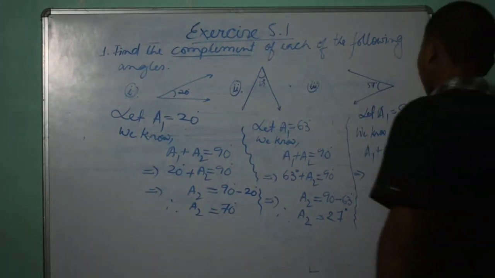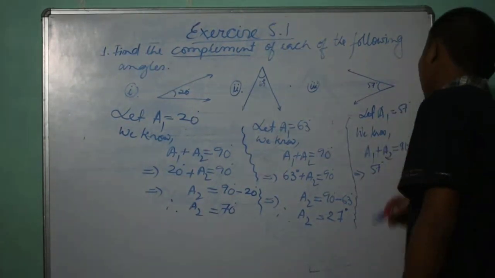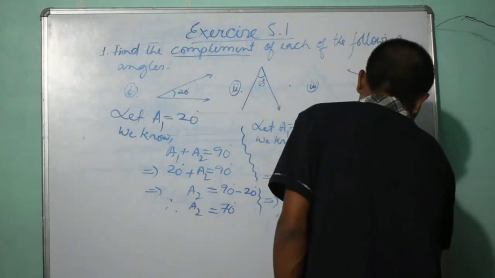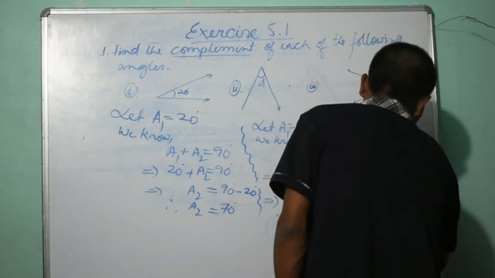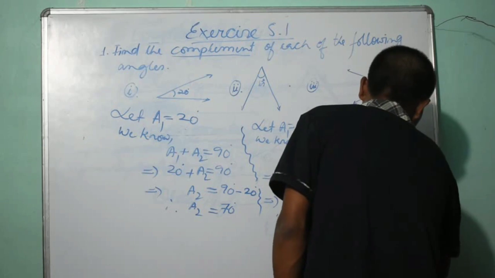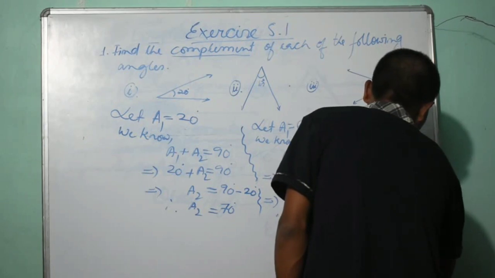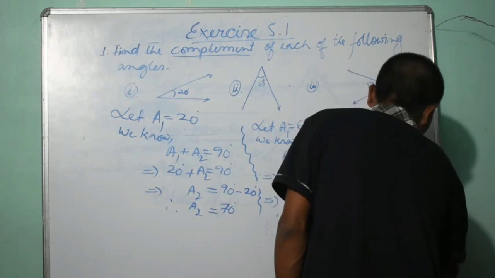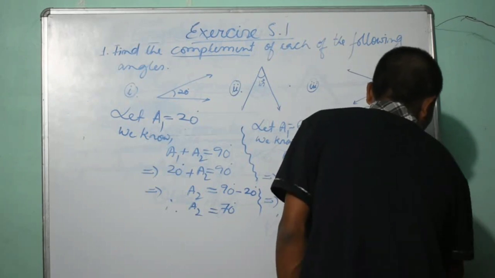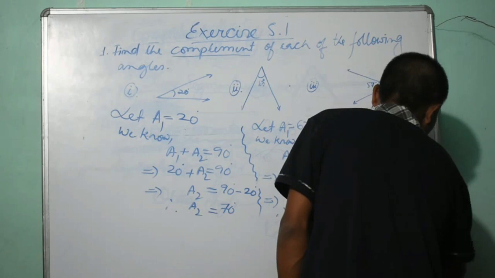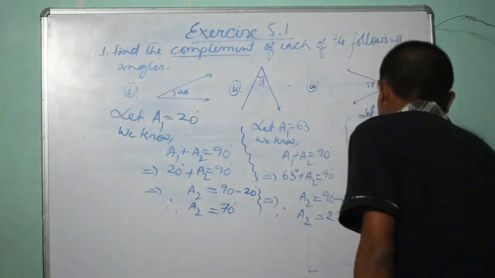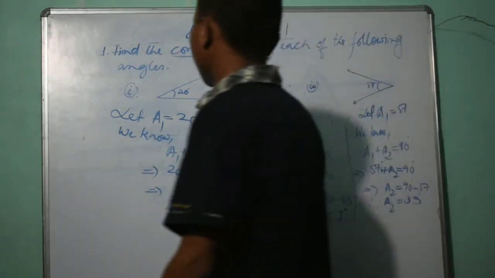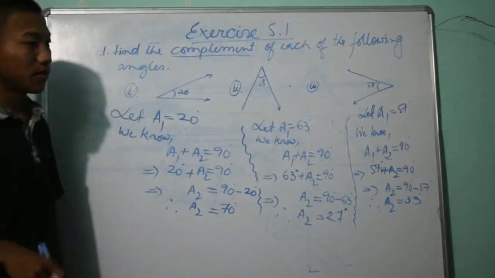So A1 is 57 degrees plus A2 equals 90. A2 equals 90 degrees minus 57 degrees. 10 minus 7 is 3, 8 minus 5 is 3. We will get 33 degrees. So that's it for question number 1.